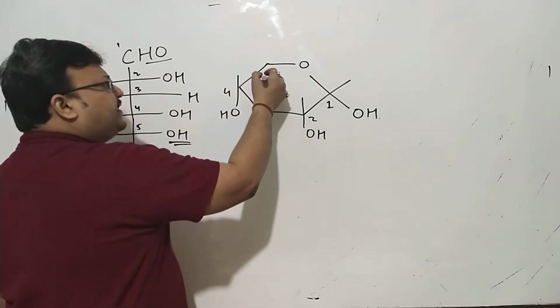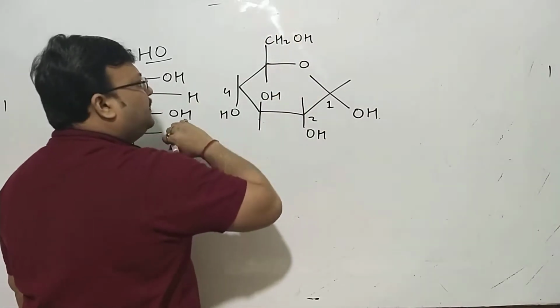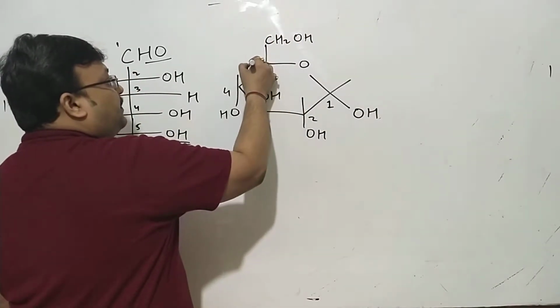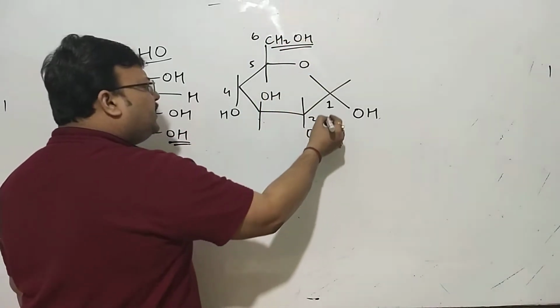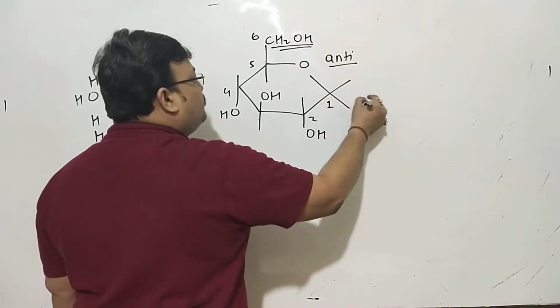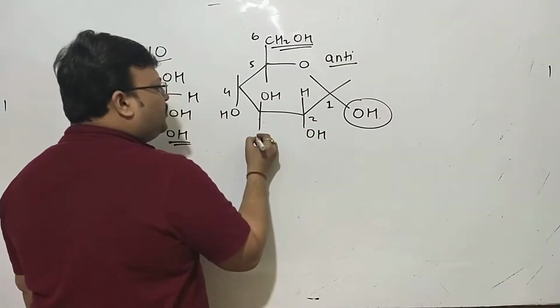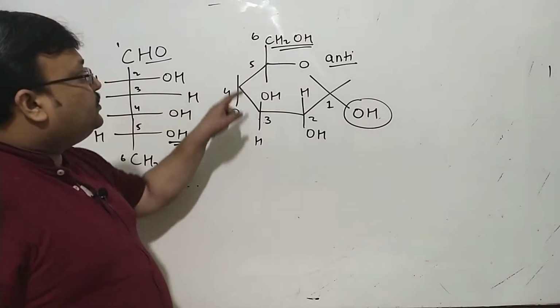We did some twisting, and we learned that carbon 5 and carbon 6 CH2OH was the benchmark. When this OH is anti to the CH2OH, the rest positions are obviously hydrogen. So this was the benchmark.